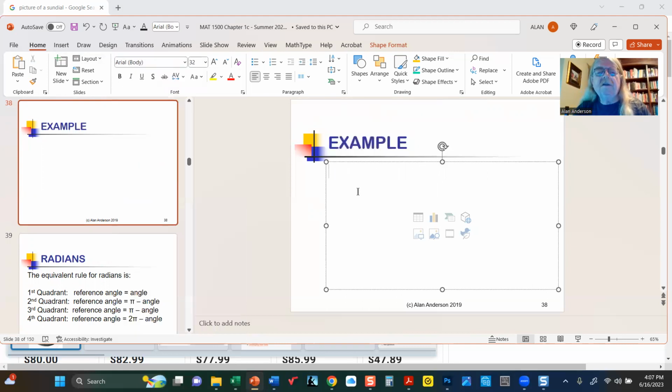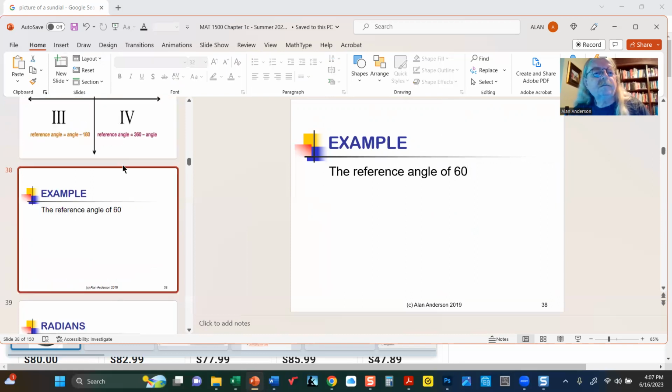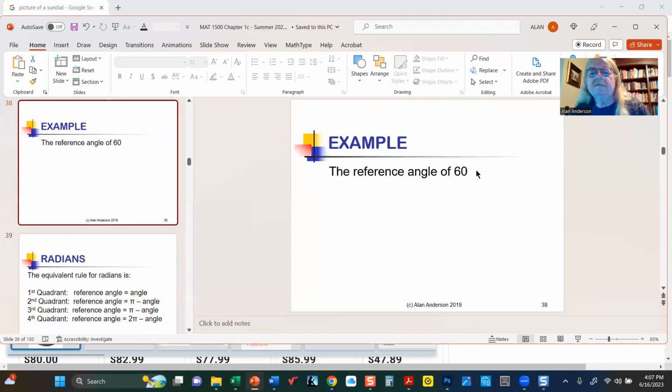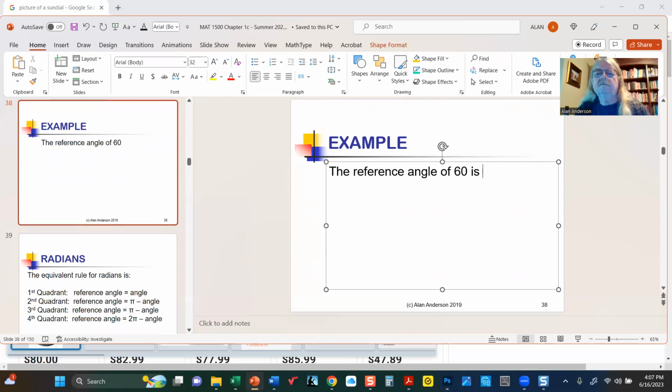So the reference angle of 60 degrees, according to this diagram, the reference angle in the first quadrant is the angle. So you don't change anything.